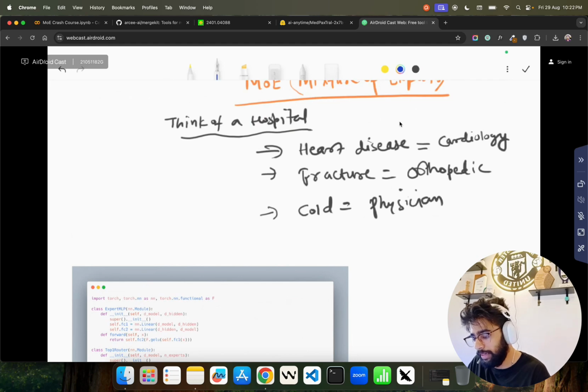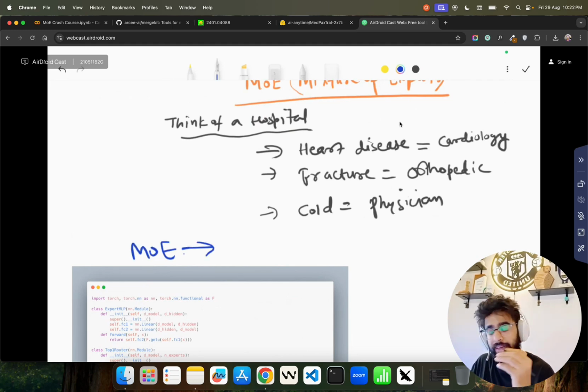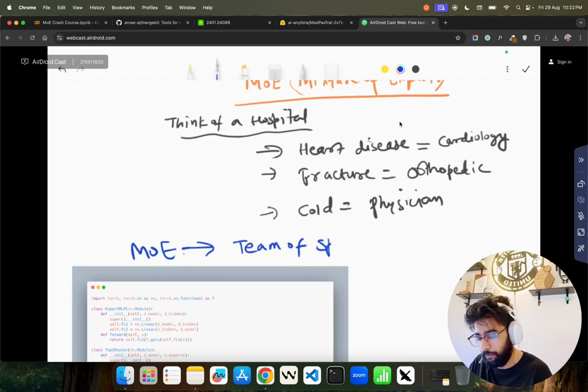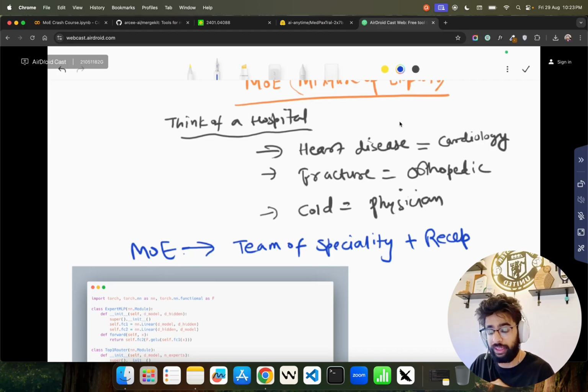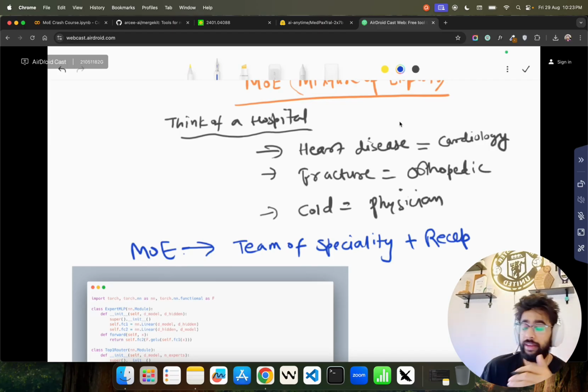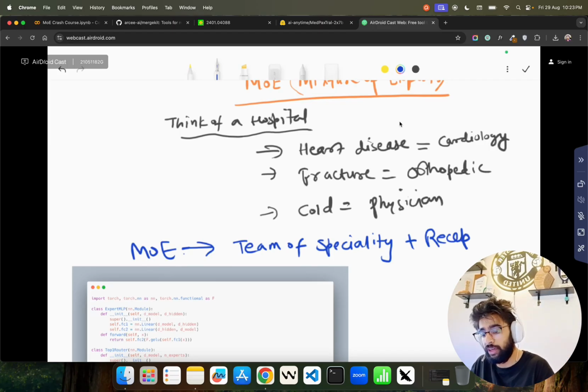So here, if I write MoE in the context of AI, it's an idea where we have a team of specialists plus a receptionist, because the receptionist is also very important. The receptionist will guide the patients, or whoever is there, to the right doctor by looking at all the symptoms.